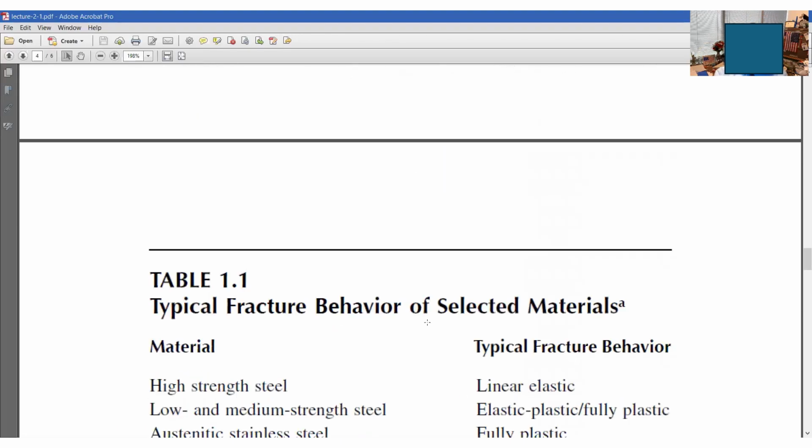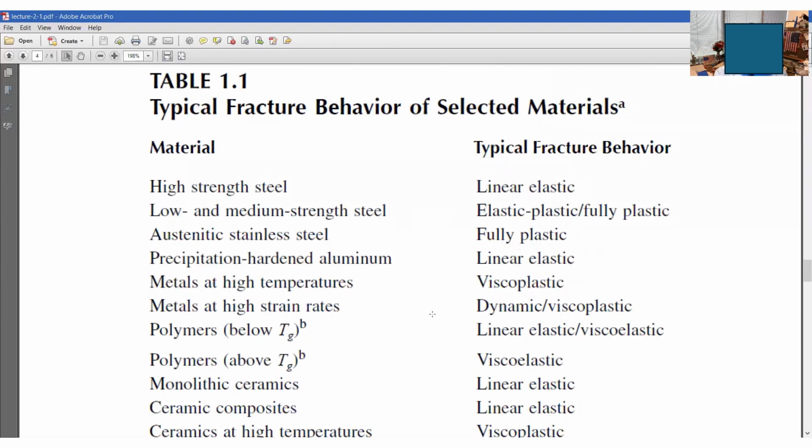So we compare the strength and the toughness. This depends on the ratio of the stress to the toughness of the material, right? So this is for austenitic stainless steel, which is fully plastic.